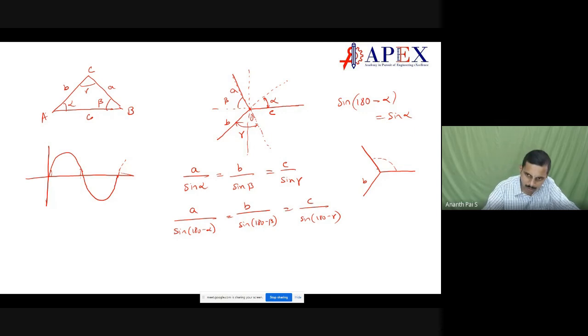Now it will so happen that if I say this is angle alpha, beta, gamma, then what we have?